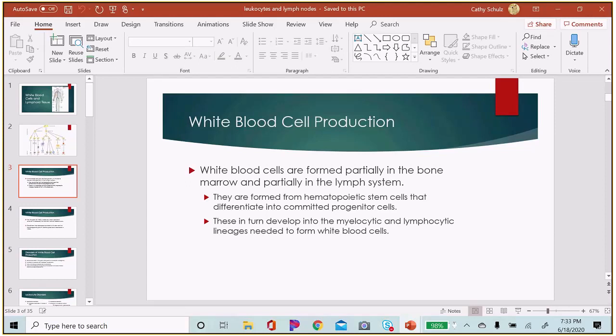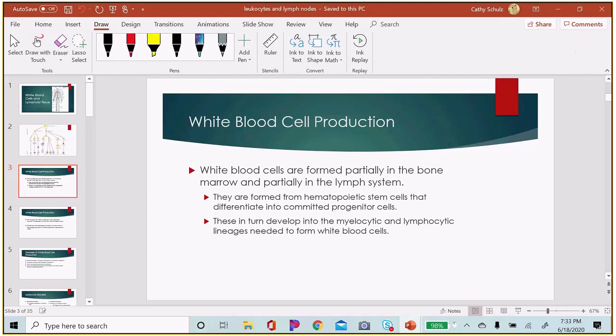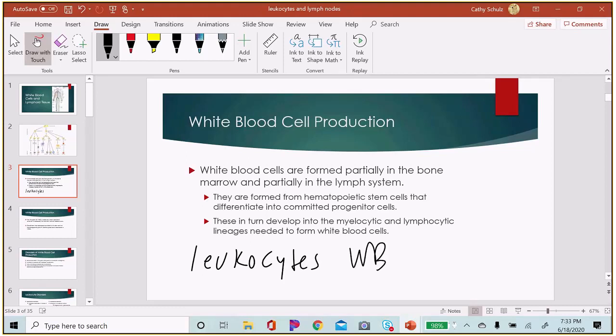The first lab value on that CBC is the WBC count, the leukocyte count, which tells us the total count of all the types of white blood cells available.